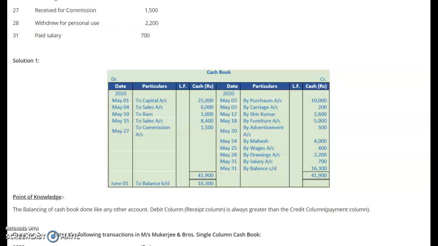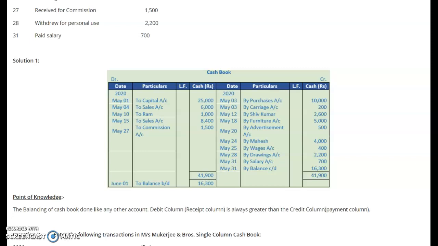Here the cash column is there. Again the same columns are there on the credit side. The left side is known as the debit side or the receipt side. The right side is known as the payment side or the credit side. The same four columns are here and the same four columns are here. Four columns are on the debit side and four columns are on the credit side.